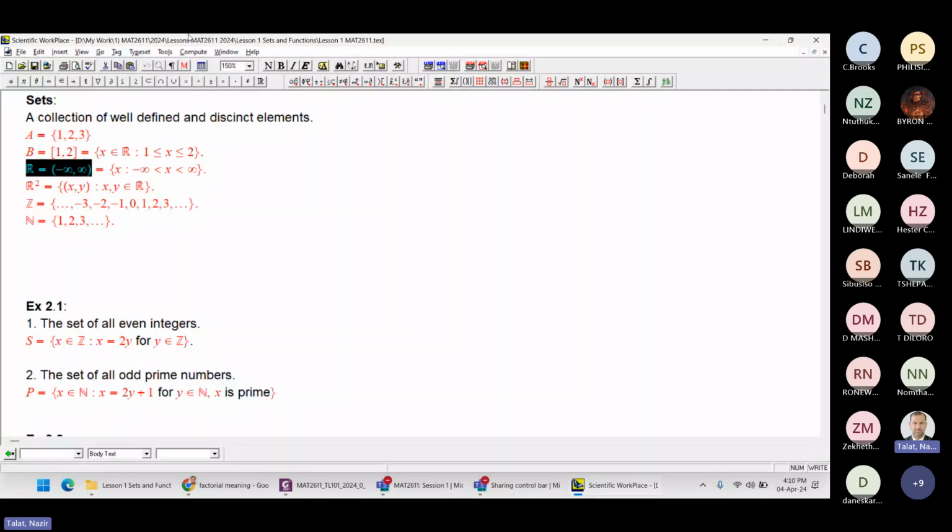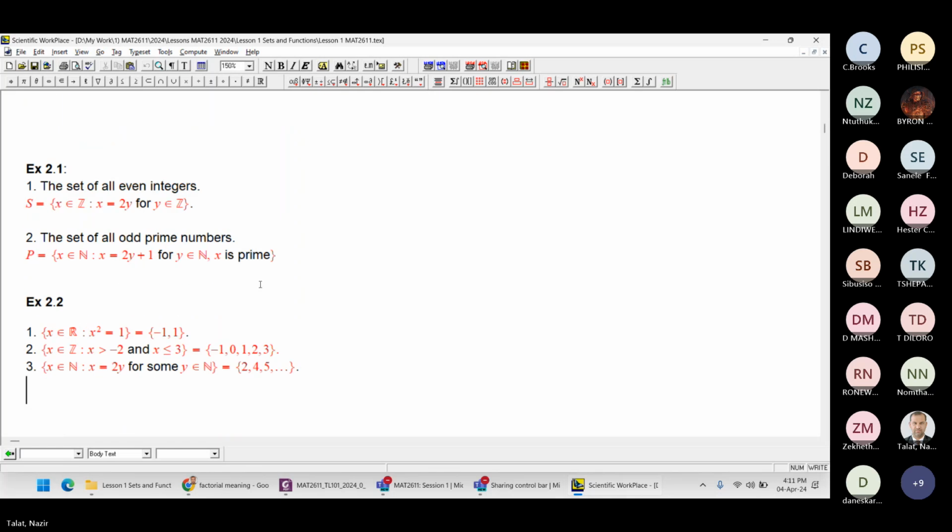So infinity is not part of it, because infinity equals infinity plus 1, which equals infinity plus 2, and so on. It means it contains a chain of elements which are not distinct. That's why we exclude infinity. So we are taking R as all those elements where minus infinity and plus infinity are excluded.